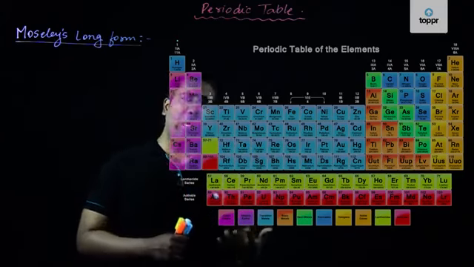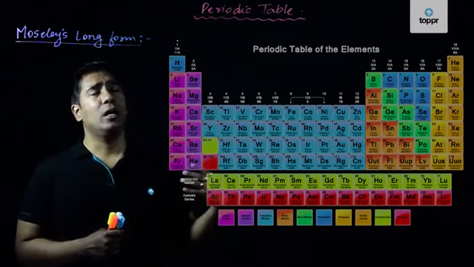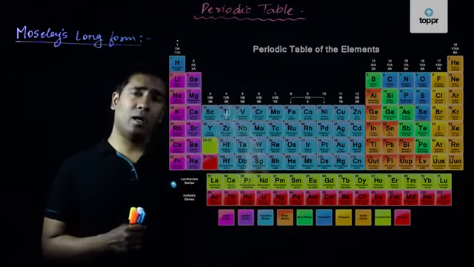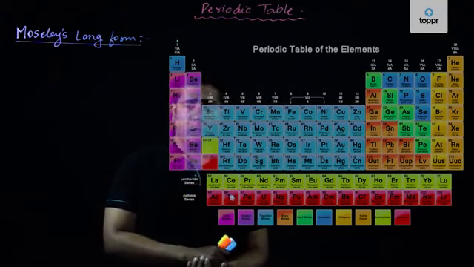So the point, my dear friends, is that IUPAC changed the nomenclature of the vertical columns, which are called groups of the periodic table.